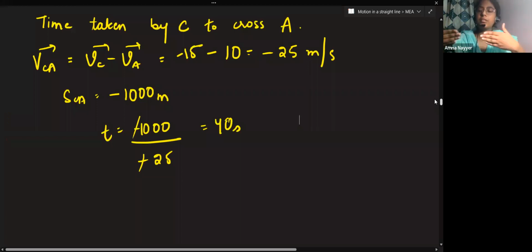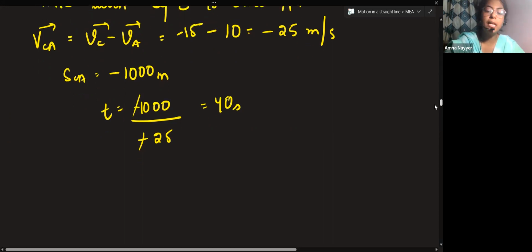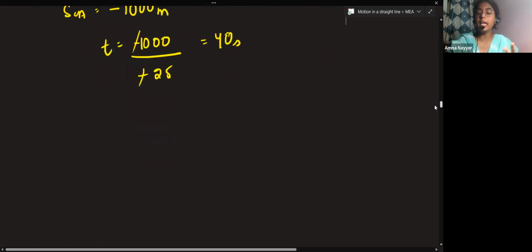If this duration is 40 seconds, B's time has to be at most this much. If B takes 10 seconds, it will cross car A in 10 seconds. We are aware of the time duration by C, so we just have to predict the time taken by B to overtake A, which should be less than or at most equal to 40 seconds.